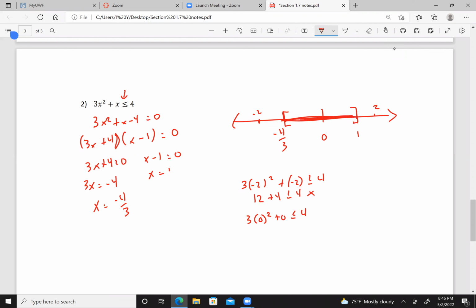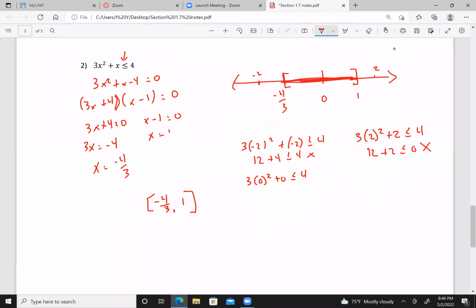Now we can go out here and try 2 as well, just to make sure. 3 times 2 squared plus 2, is that less than or equal to 4? So this is 12 plus 2, and that is not. So it is in between. We use brackets, so we're going from -4 thirds to 1, and we use brackets to show that those answers are possible solutions.